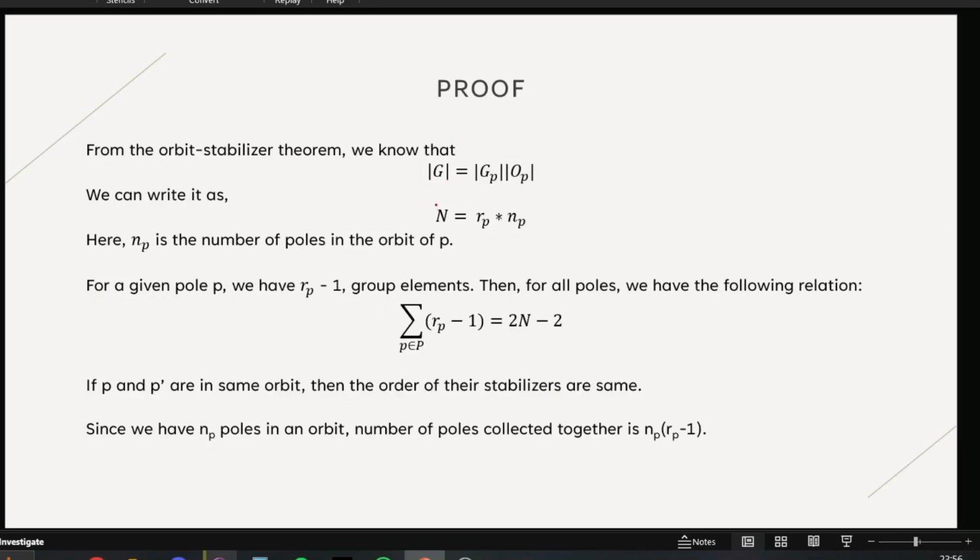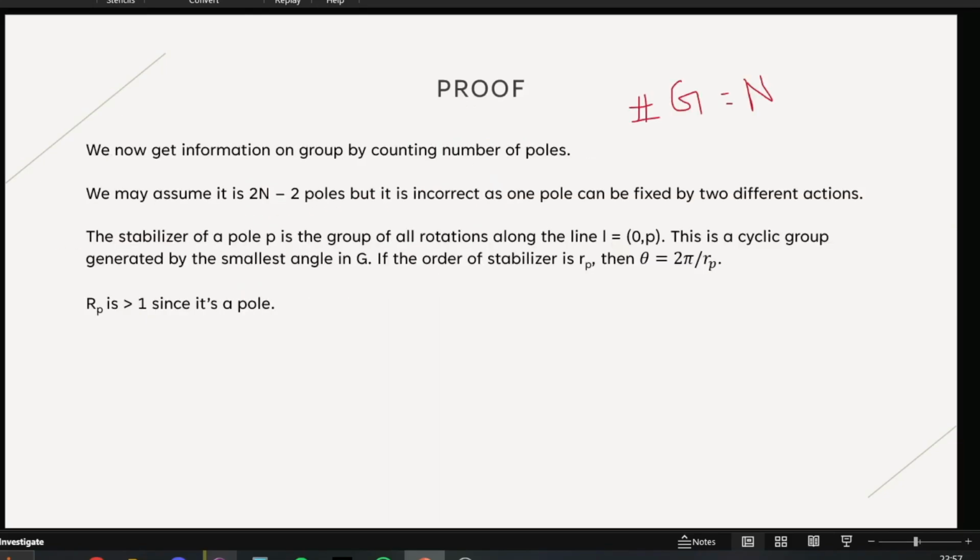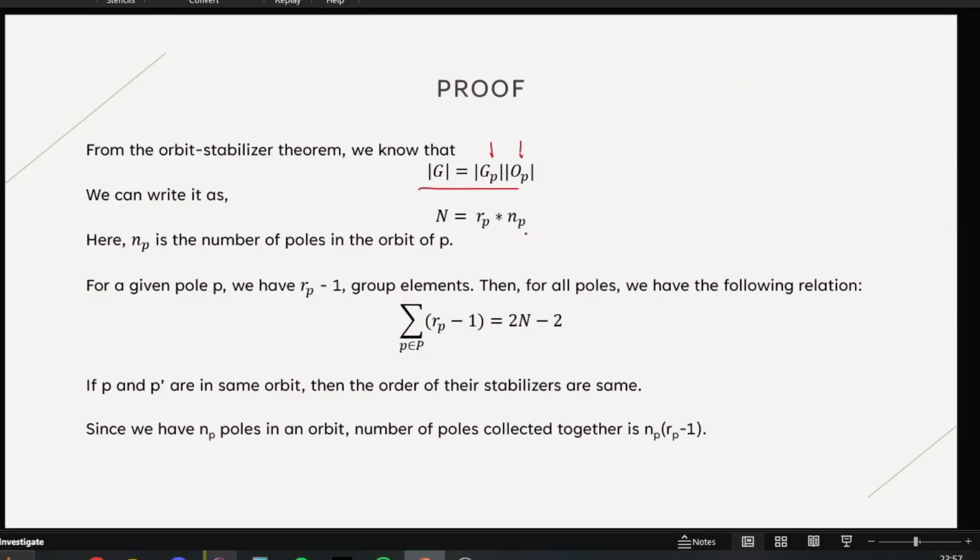This is the statement of the orbit stabilizer theorem: the order of the group is equal to the product of the order of the orbit and the order of the stabilizer. So the order of the stabilizer is Rp, since we have established that notation here, and the order of the orbit is Np. Np is basically the number of poles in the orbit.